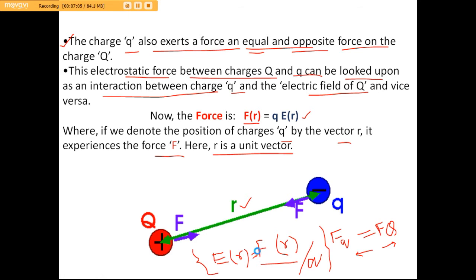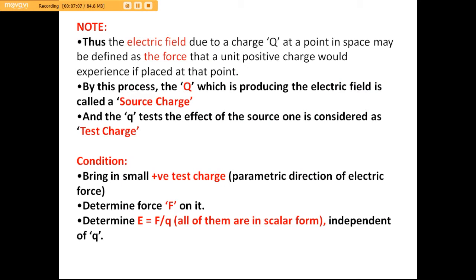This is the actual formula of the electric field. Okay, so let's have a look at some notes that you may write down in your notebook and remember, because this will be helpful in your exam and when you revise the theory. Thus, the electric field due to the charge Q at a point in space may be defined as the force that a unit positive charge would experience if placed at that point.